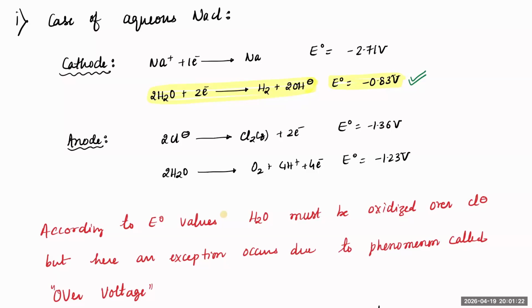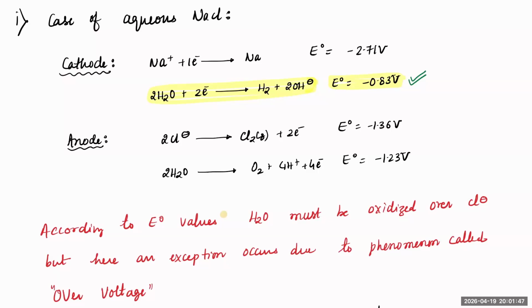So water itself will get reduced. Sodium will not get reduced. Now this is precisely the logic you apply for all the group 1 and group 2 elements, including aluminium. That is, lithium, sodium, potassium, rubidium, cesium, magnesium, calcium, barium, strontium, and aluminium.